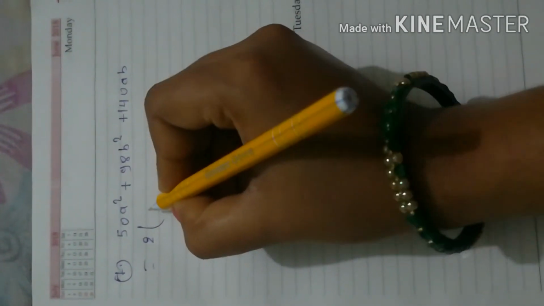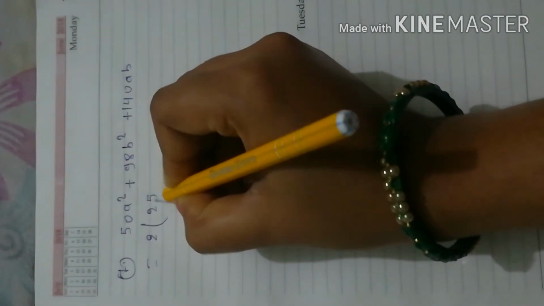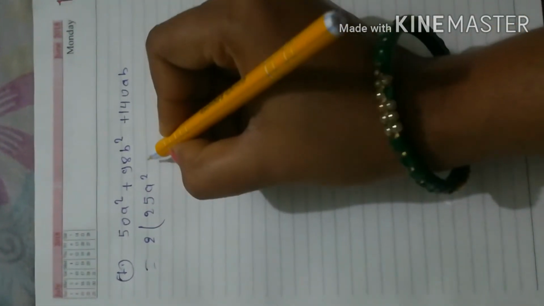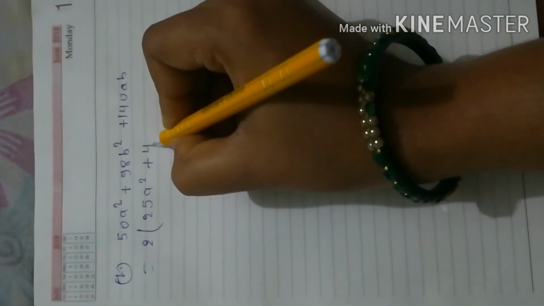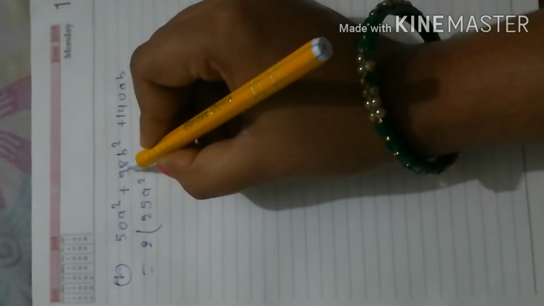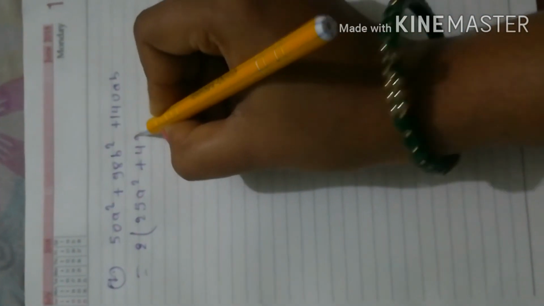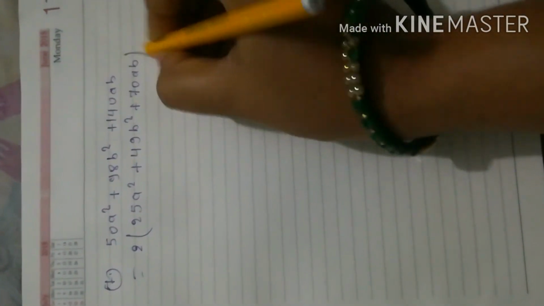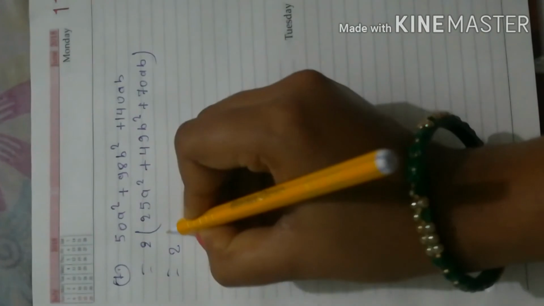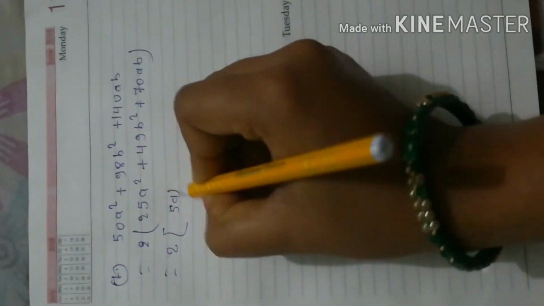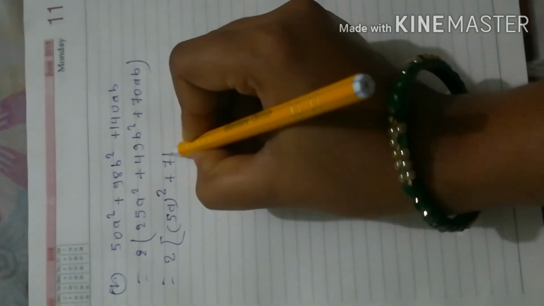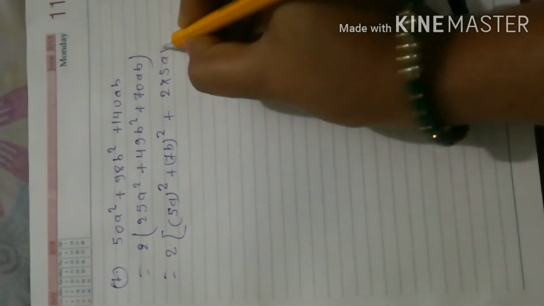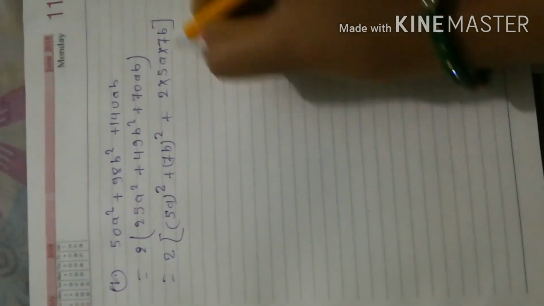If we take 2 as common, then here is left 25a square, and all of you know that 25 is a square of 5, plus 2 fours are 8, 2 nines are 18, 49b square plus 70ab. Now we can write in the form of (5a) square plus (7b) square plus 2ab, meaning 5a into 7b.